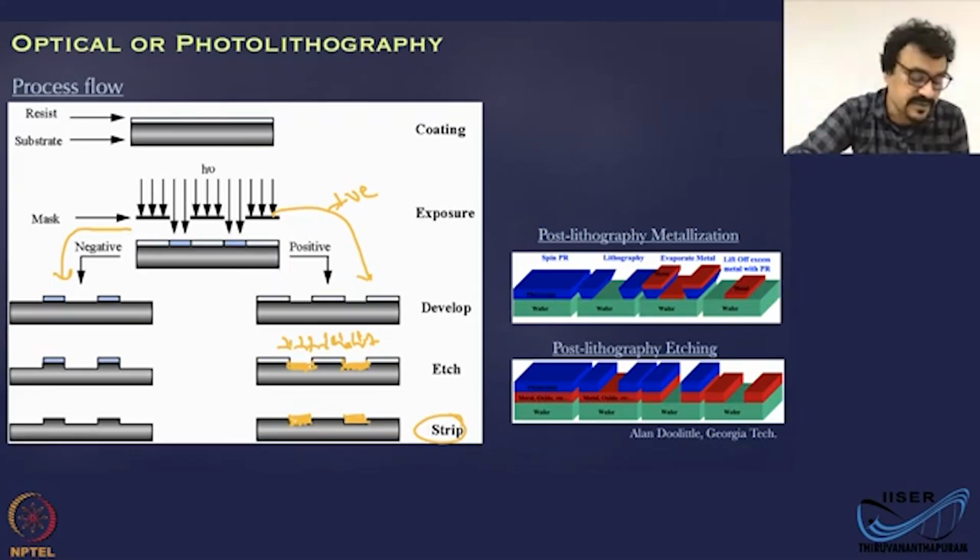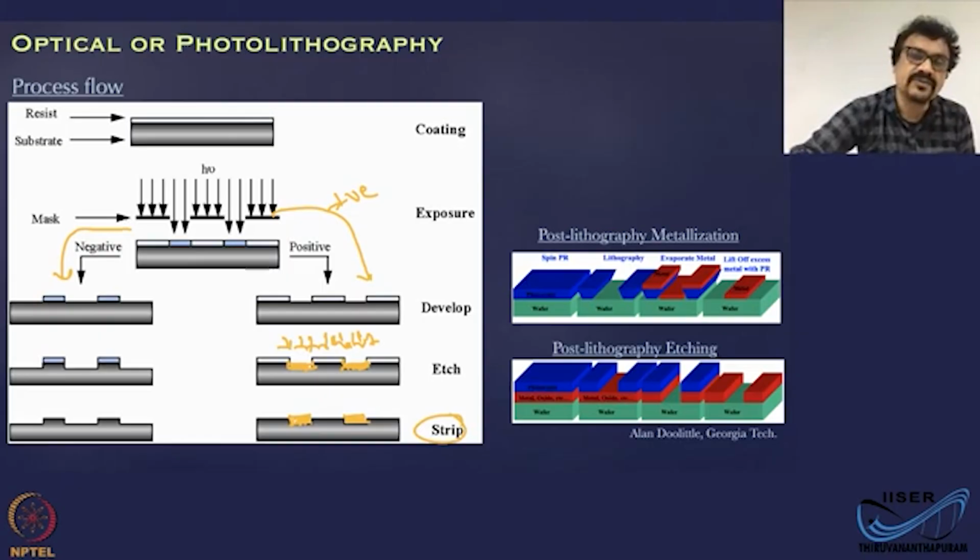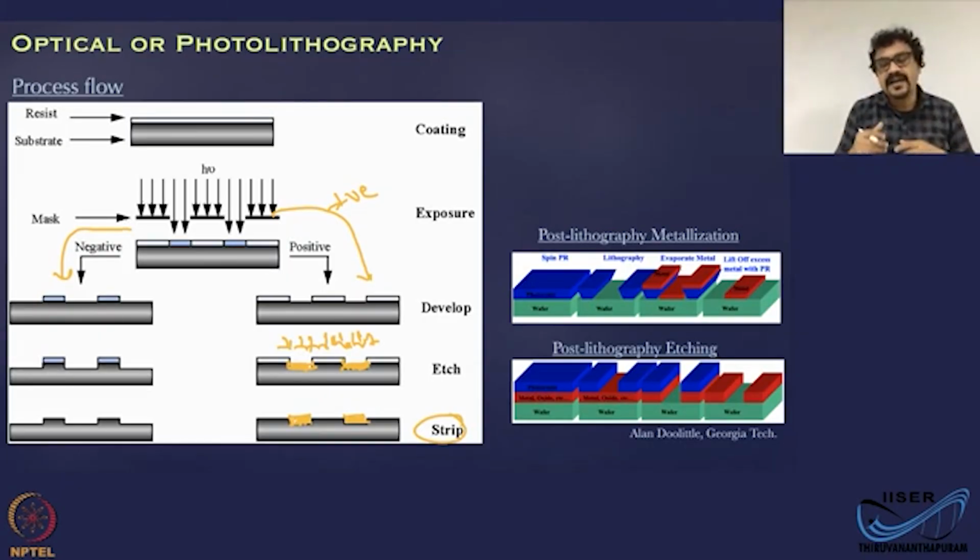Or conversely, oppositely, you can also do the same process, but instead of depositing, you can remove the material, and you will get that profile. So lithography essentially involves you create a stencil, you create a pattern, and then you can add material into the pattern, or you can remove material using the pattern.